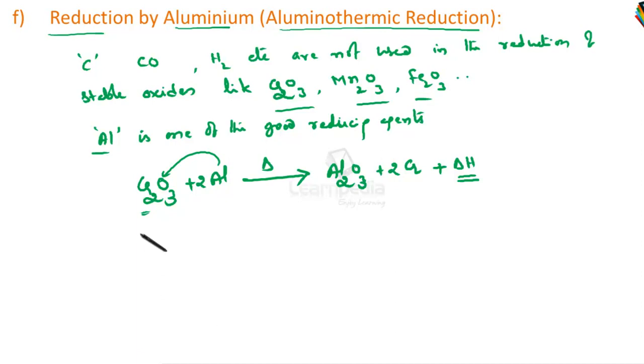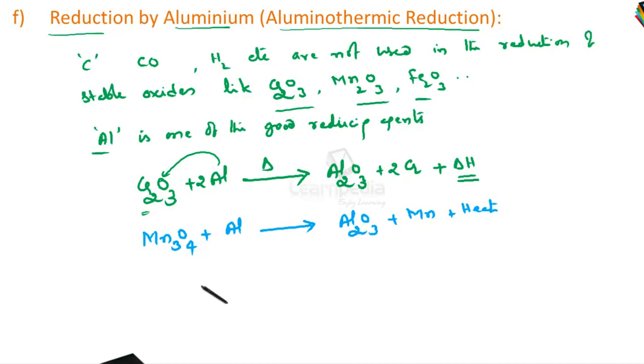Similarly, Mn3O4 also can be taken, a stable oxide. When this Mn3O4 is reduced by aluminium powder, alumina Al2O3 is formed, manganese metal becomes free, along with a large amount of heat being liberated as expected.